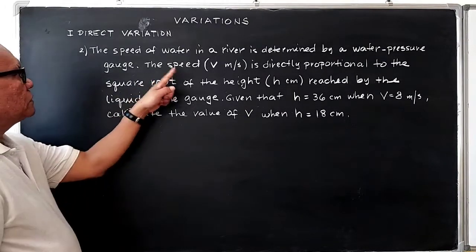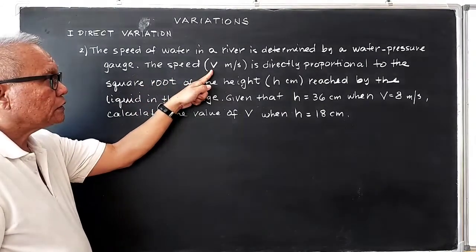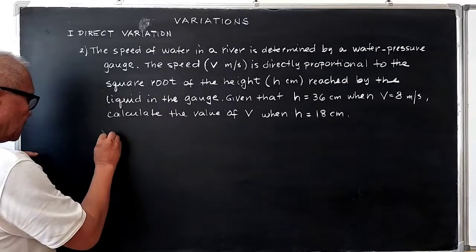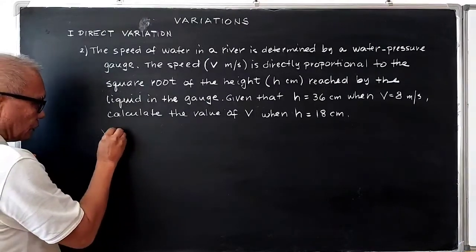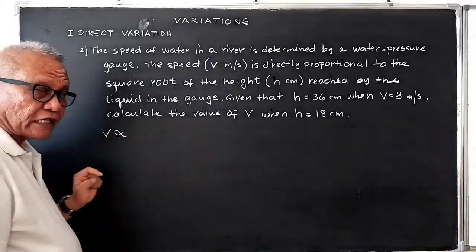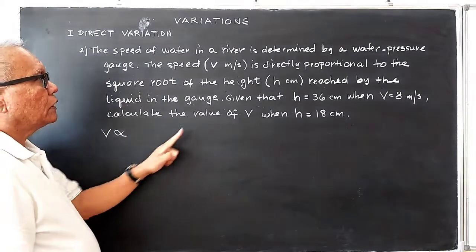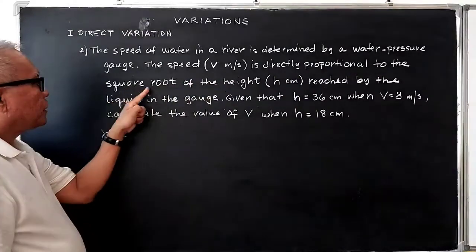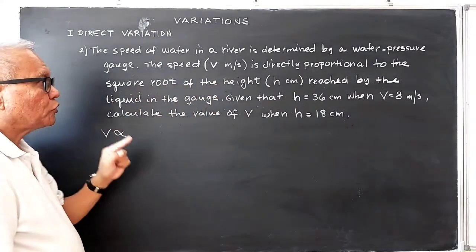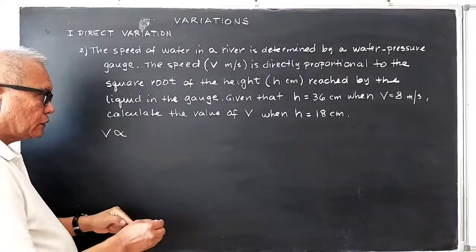So we have the V here. We have the symbol whether that one is directly proportional or inversely proportional to the square root of the height. So how do we write the square root of the height?